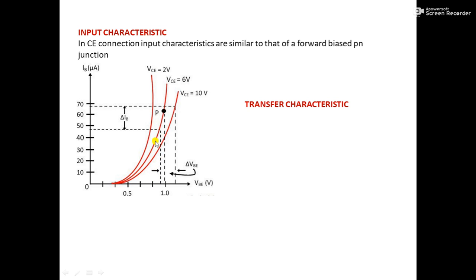For a smaller value of VCE, the IB is higher, and as we increase the value of VCE, the value of IB reduces at a particular VBE. So an increase in VCE, that is an increase in reverse bias voltage across the collector emitter, decreases the effective width of the base.